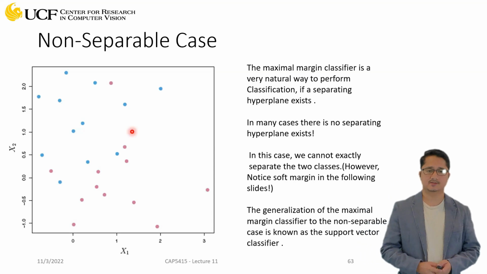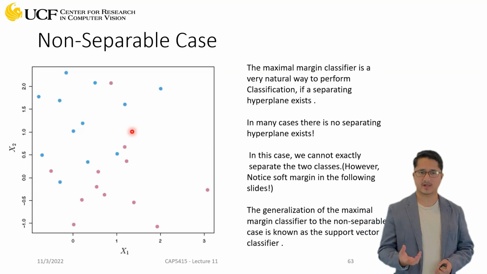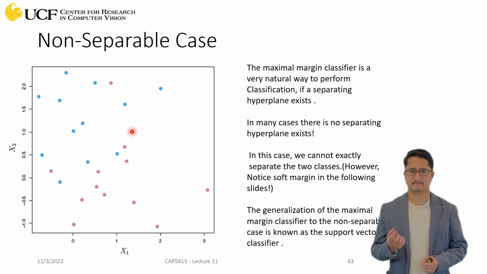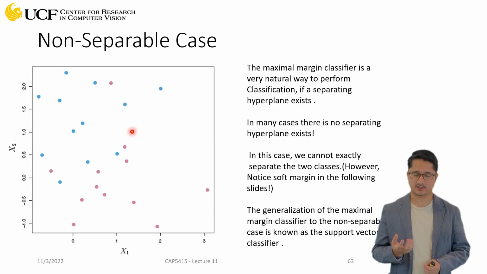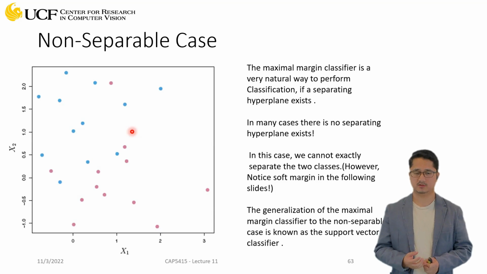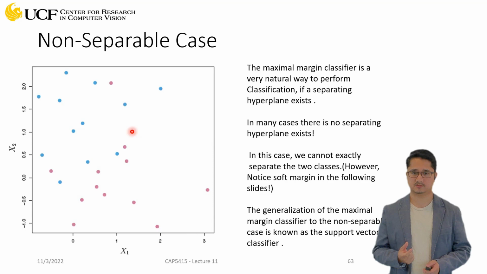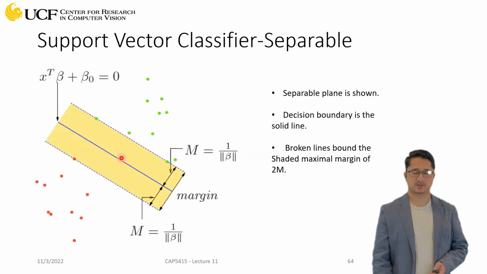So one easy solution is we relax the condition that your classifier should be perfect on the training data. We relax that condition and we allow some kind of errors. Okay. So in that case, if we draw your decision boundary, and then of course we'll have the margins.